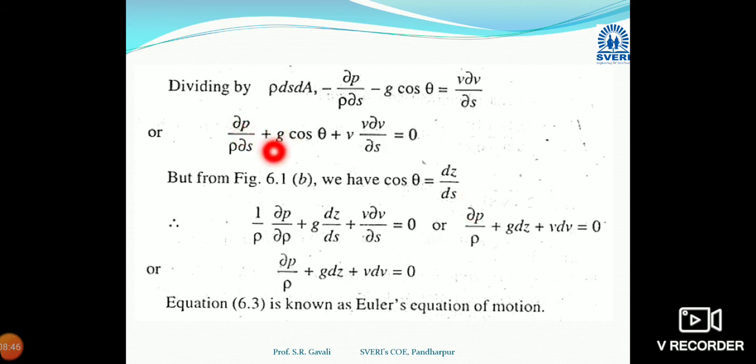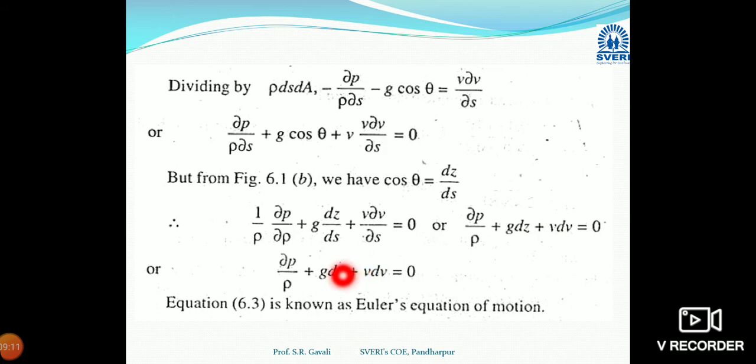If you substitute this, then we will get (1/ρ) ∂p/∂s plus g dz/ds plus v dv/ds is equal to 0, or ∂p/ρ plus g dz plus v dv is equal to 0.